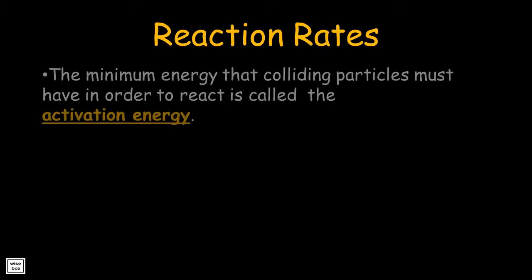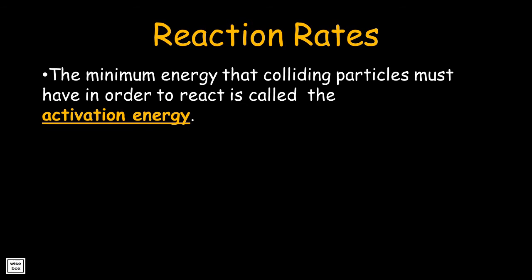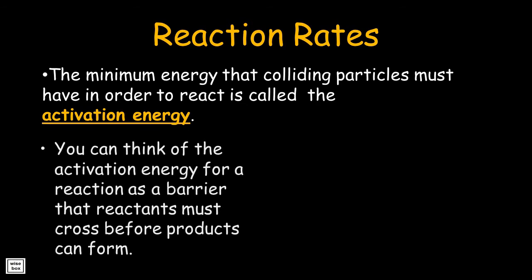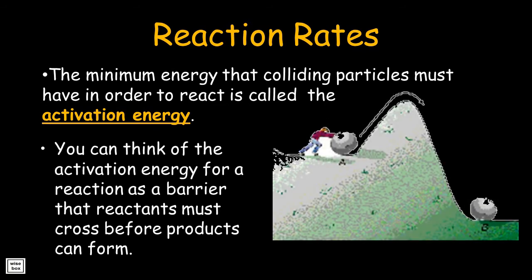The minimum energy that colliding particles must have in order to react is called the activation energy. You can think of the activation energy for a reaction as a barrier that reactants must cross before products can form.